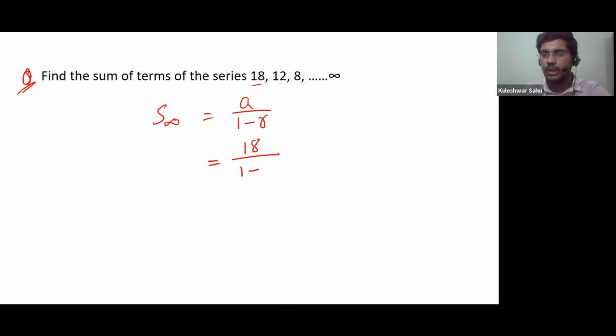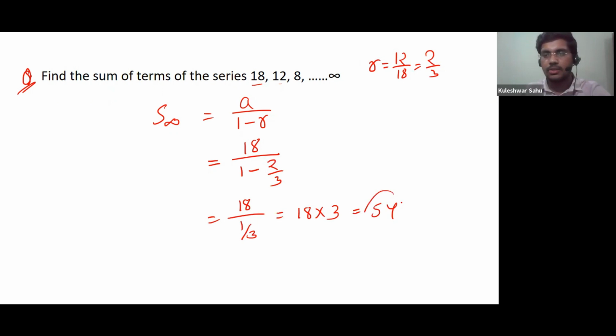In both cases, we are going to get the same answer. I'm going to put r is equal to 12/18, which is 2/3. So 18/(1/3), which we can write as 18 into 3, which is 54. So the infinite series sum of this particular series is 54.